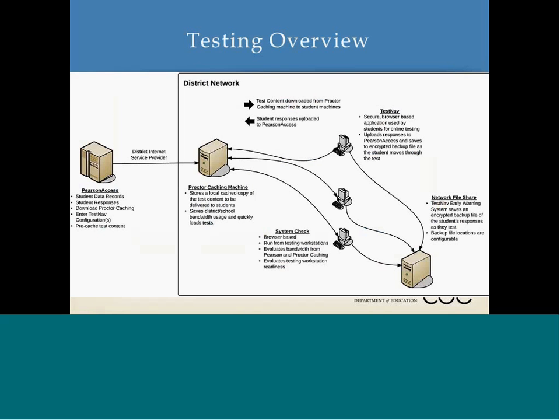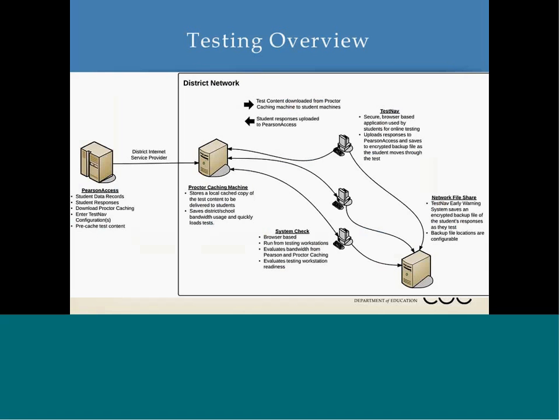As we have met with everybody, what we emphasize is utilizing proctor caching for the test. In essence, that allows the test content to be downloaded from the Pearson Access server onto your proctor cache device, which then serves the individual student test devices for administering the test.